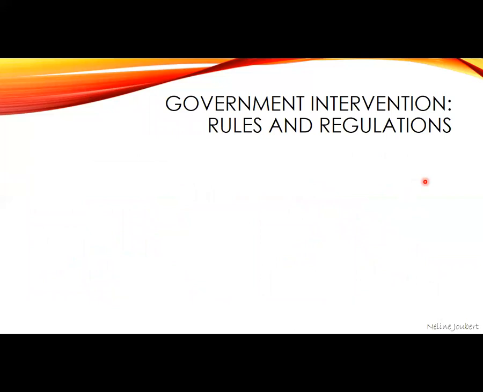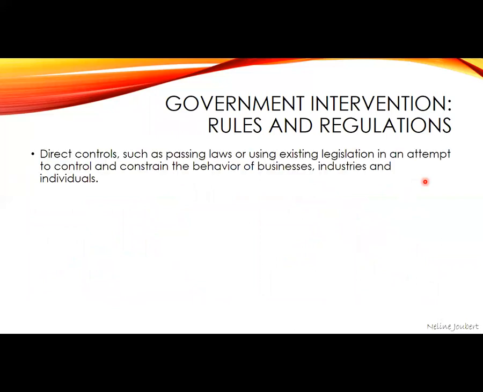Governments also implement rules and regulations by means of direct controls. So they literally pass laws, or they use the existing legislation that they have to try and control or constrain the behavior of businesses, industries, and individuals. Just a few of these, let's think about environmental acts, where we try to reduce the negative effects on the environment when it comes to production.